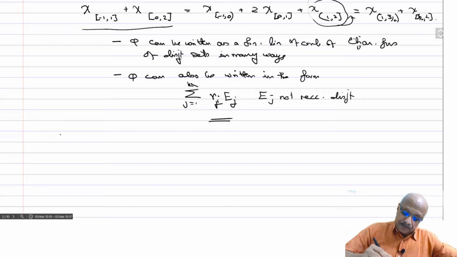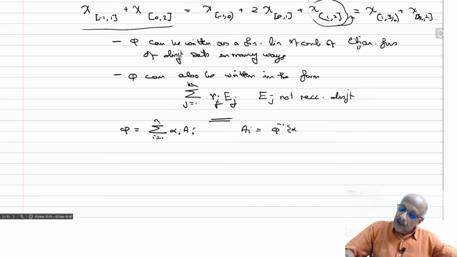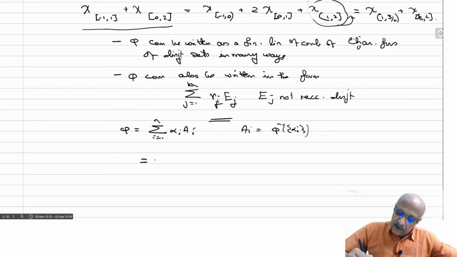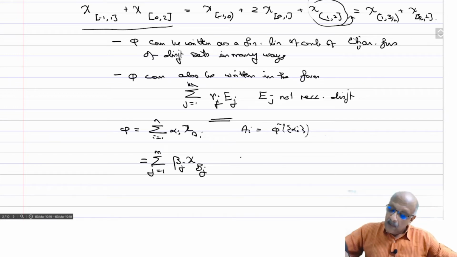So let us start with phi equals the sum over i equals 1 to n of alpha_i chi of A_i, where A_i is in fact phi inverse of alpha_i. This is the first form which you are taking. Now let us assume that this is equal to the sum over j equals 1 to m of beta_j chi of B_j, where the B_j, j equals 1 to m, are disjoint.